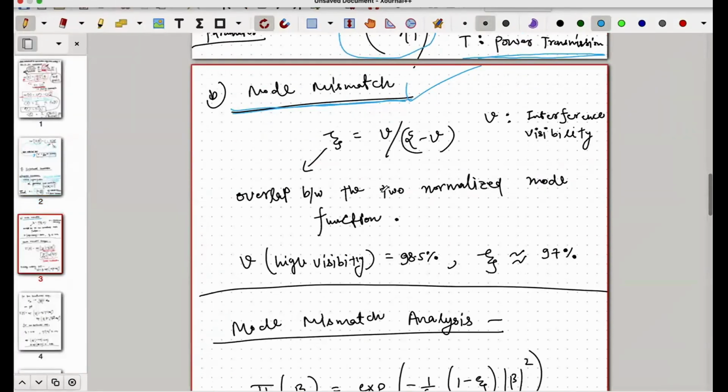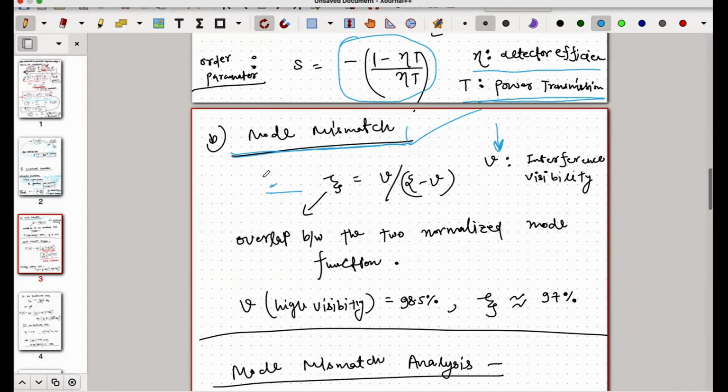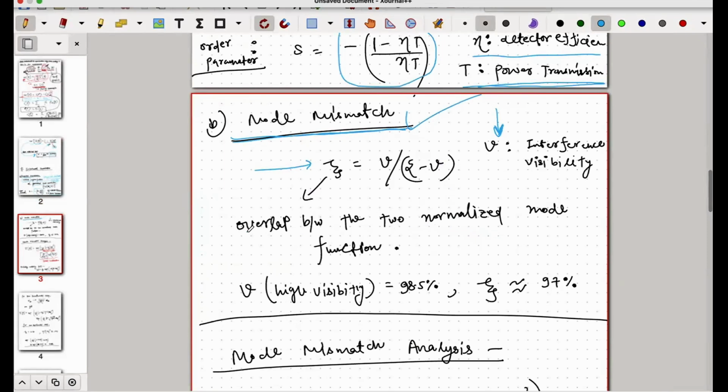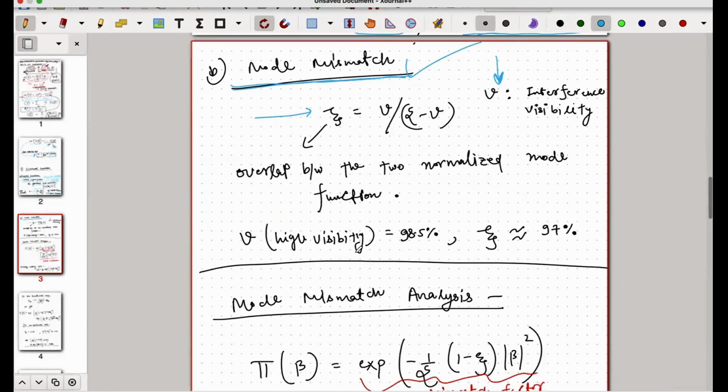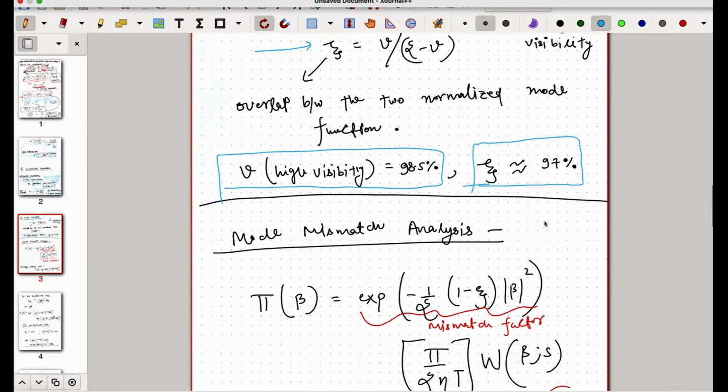So here V is the interference visibility, and then we define this factor J, which is given by this expression, the overlap between the two normalized mode functions. For our experimental setup the visibility is quite high, so we'll put this expression here, and we'll get J around 97%. So our modes are matching around 97%, but still there is a mode mismatch of 3%.